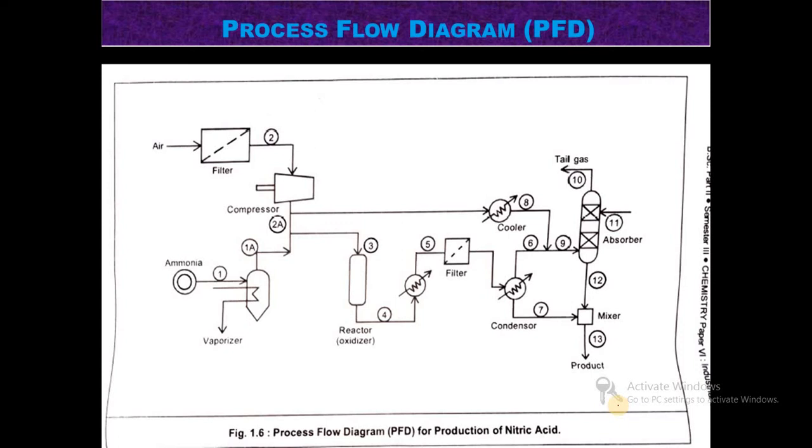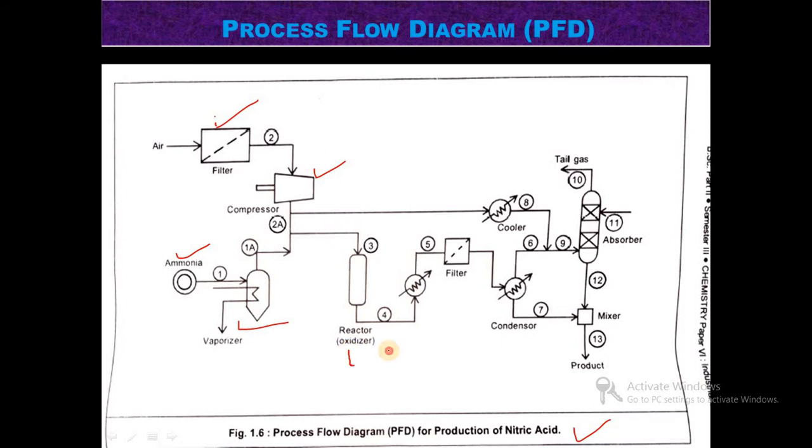So this is the process flow diagram for the production of nitric acid. We have also studied the production of nitric acid in a block diagram, but for simplification and convenience the process is represented in a process flow diagram. Here this filter is represented by this symbol, then air is passed, then the compressor is represented by this symbol, then the vaporization process and ammonia.